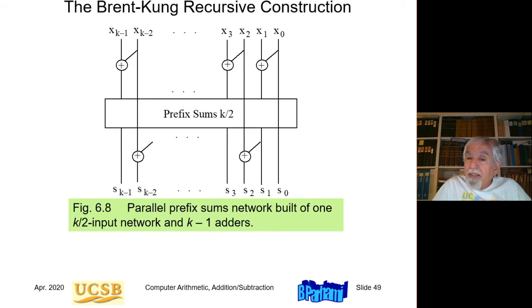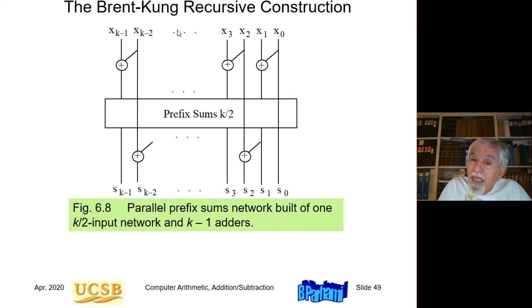This is a second design known as the Brent-Kung parallel prefix sums network. Brent and Kung were researchers in the area of VLSI who were interested in designing efficient adders. So they came up with this design. So what is this design? It says if you want to compute all the prefix sums, add pairs of numbers, x0 and x1, x2 and x3, and so on.